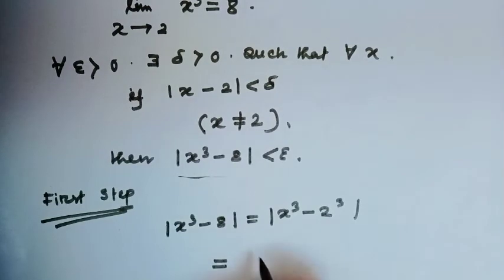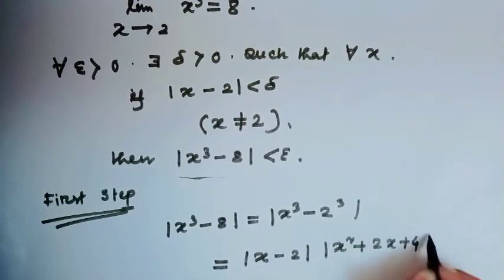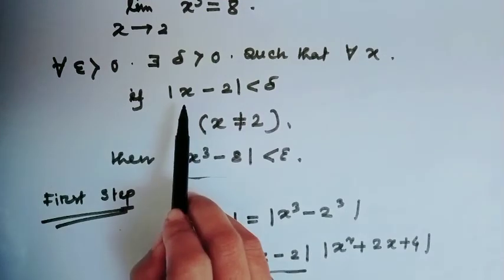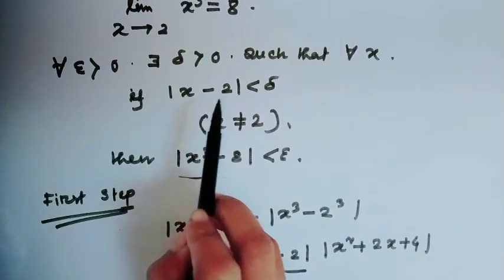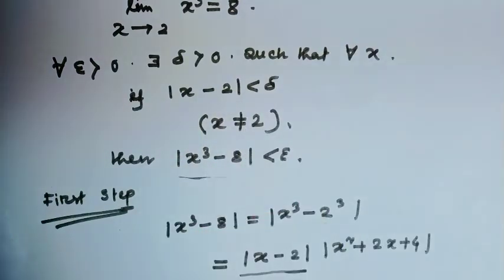This we can write as the modulus of x minus 2 times the modulus of x squared plus 2x plus 4. And look, you have a modulus of x minus 2, because by definition the modulus of x minus 2 is strictly less than delta.